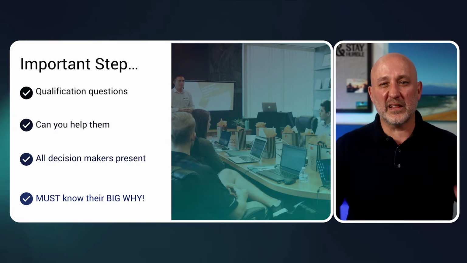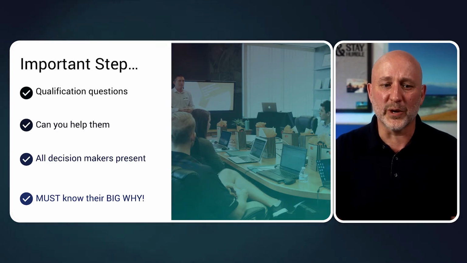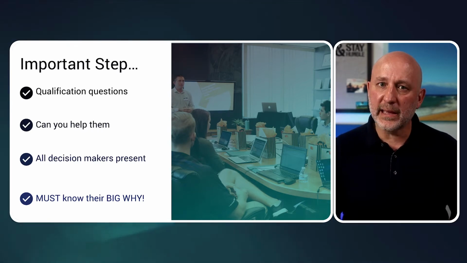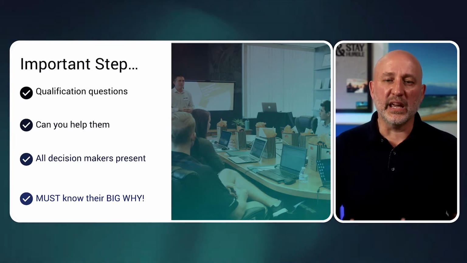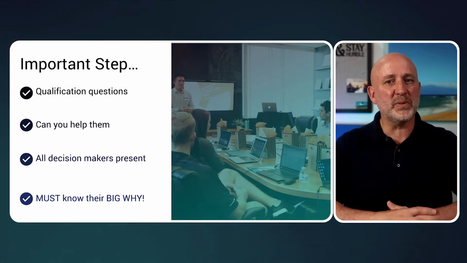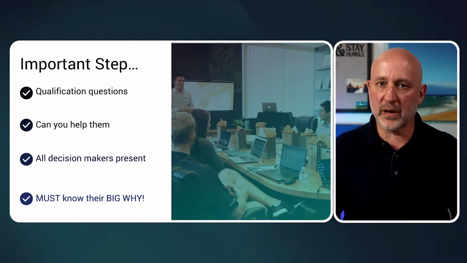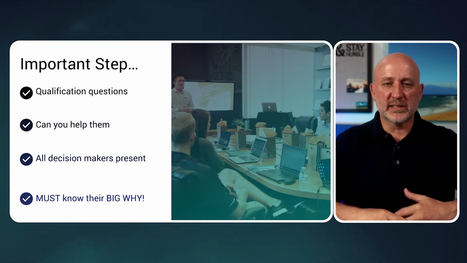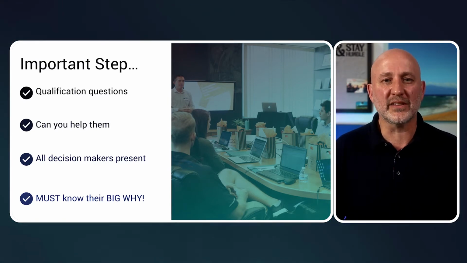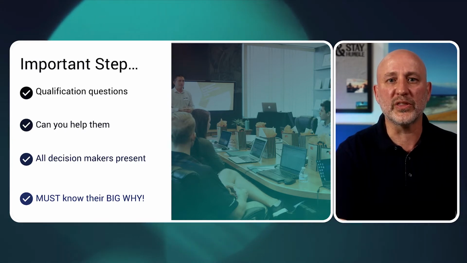And then here's the most important. I know I said there's something important about qualification. I need to know their big why. I need to know why they're interested in investing in real estate. What is their big why, something bigger than money, something grander than buying a property, a deep inner desire that they want to fulfill, something that they want to accomplish within their life.